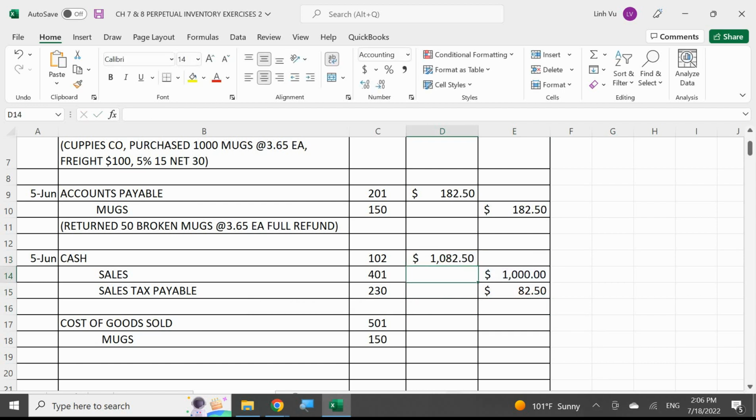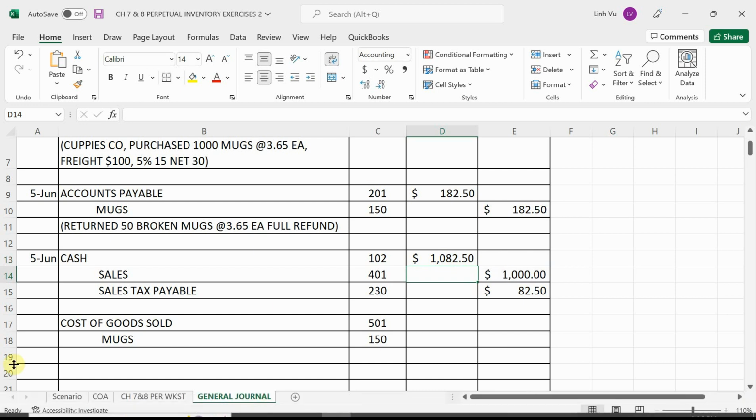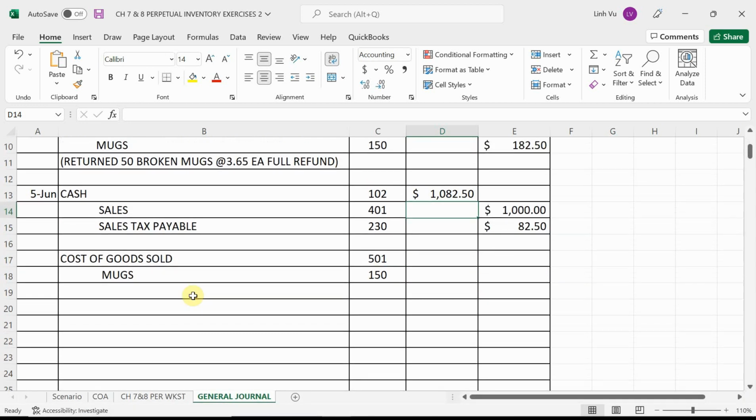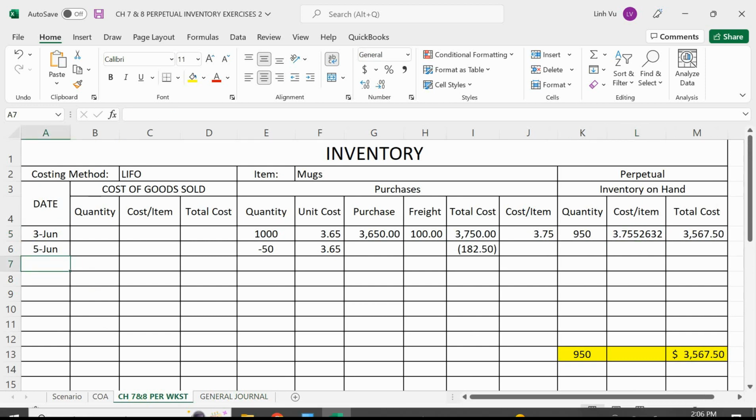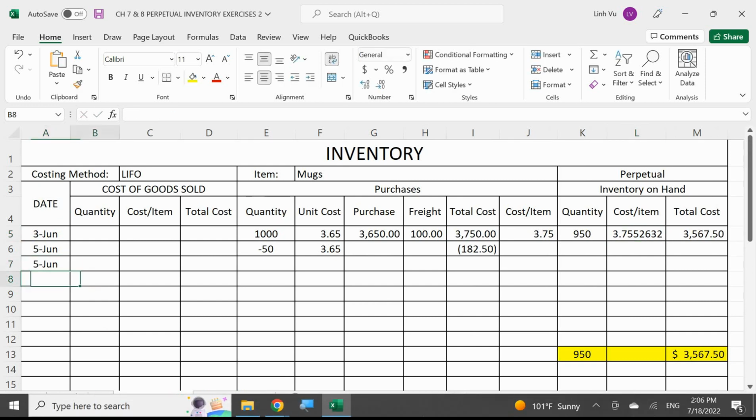Good. Now this is where I need to stop and go to my inventory worksheet, because I need to know how much it cost me to sell those 100 items. Not what I sold them for, but what it cost me to purchase that inventory. So in this case, it's June 5th, and we sold 100 units.